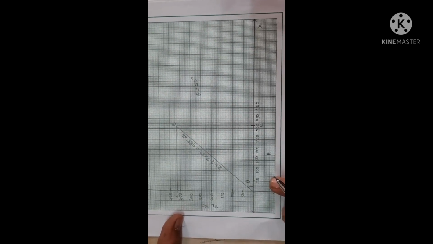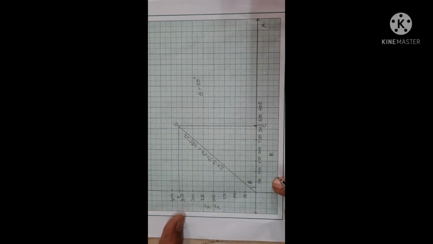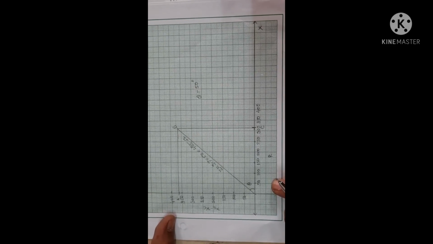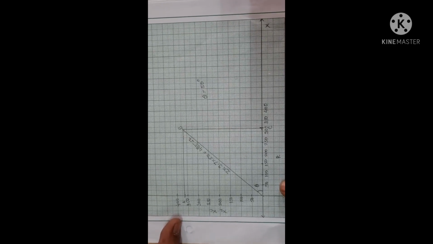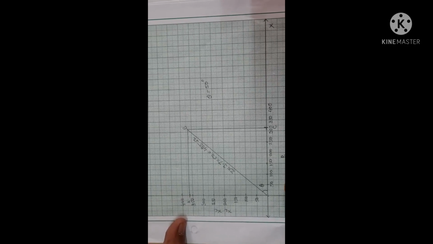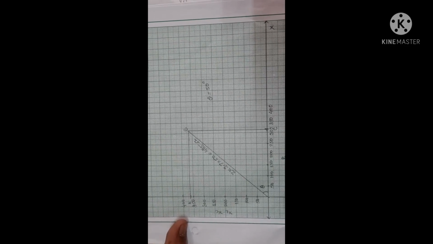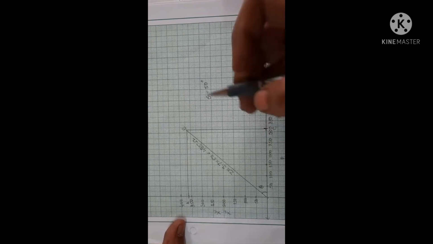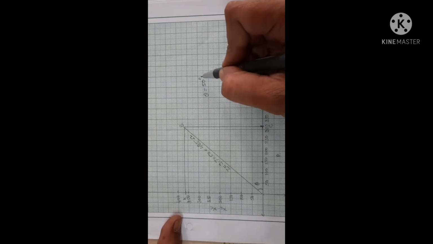Now we are going to calculate the phase angle using the phasor diagram. We have already determined the phase angle, theta equal to 50 degrees.